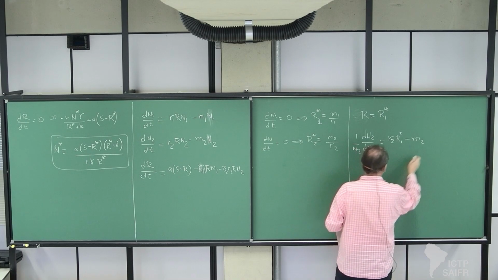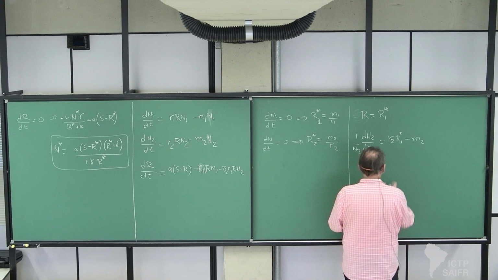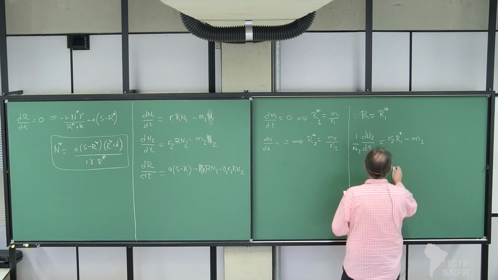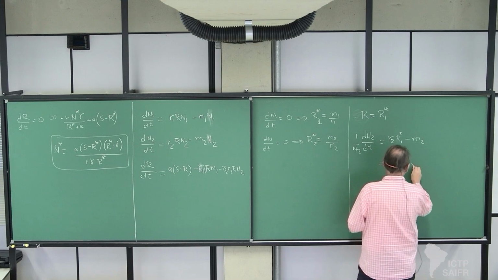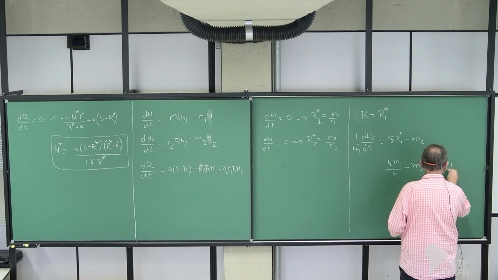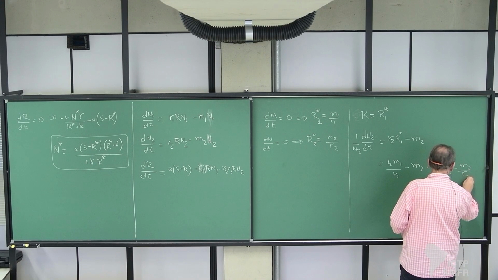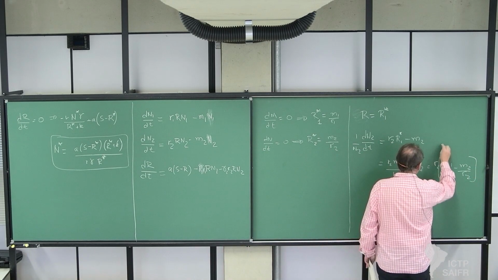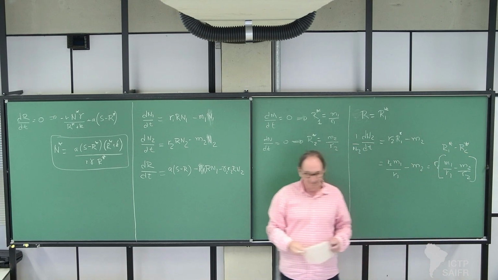And now this is simply equal to R2 M1 over R1 minus M2, which I will write just this way. And this is what? This is R1 star minus R2 star.